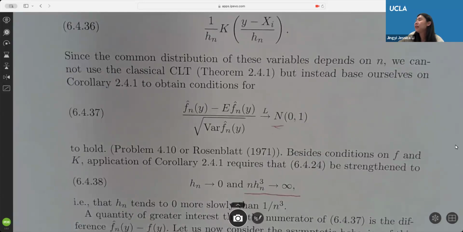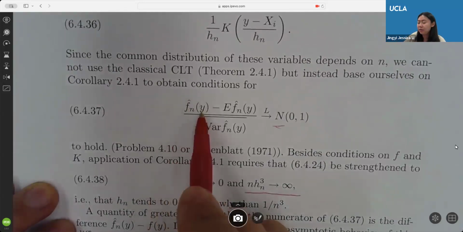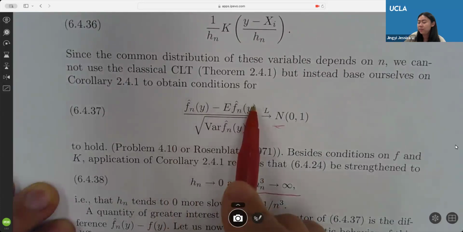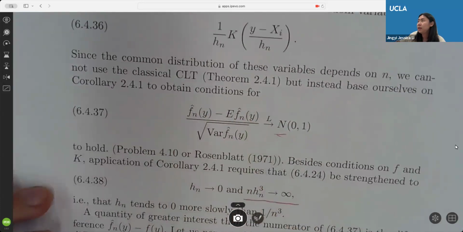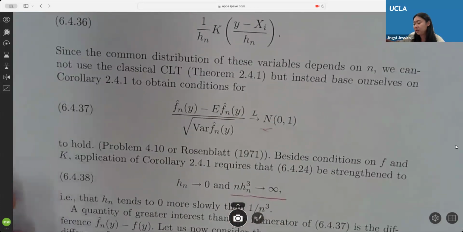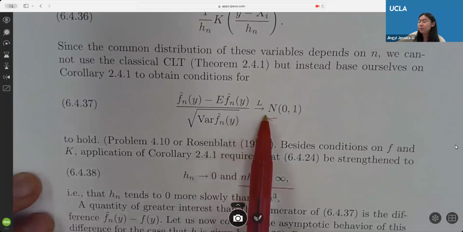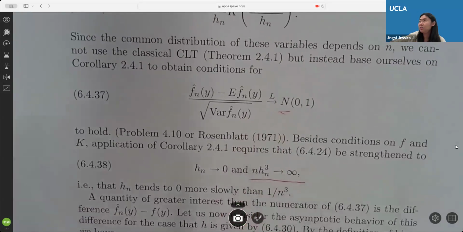For that one, the mean squared error going down to 0 just gets you consistency. You know that fn hat at y will converge to the expected fn hat at y in probability. But for this asymptotic normality, you need the bandwidth to go down more slowly.